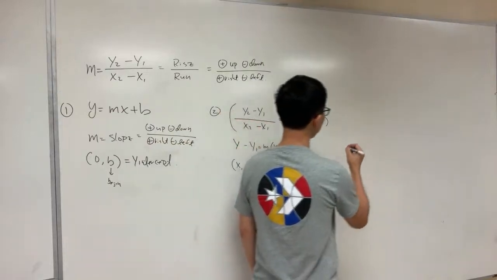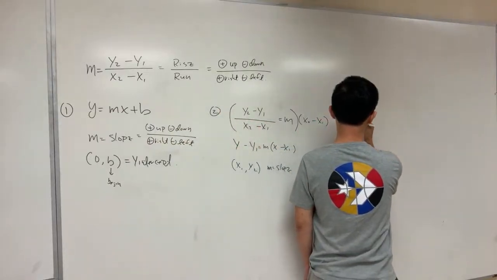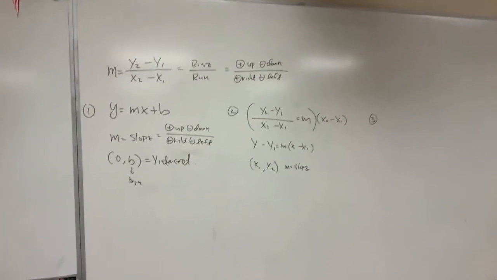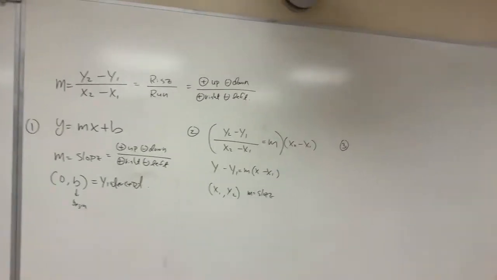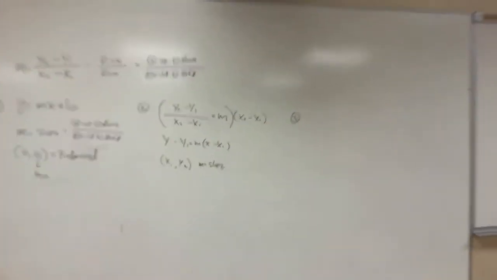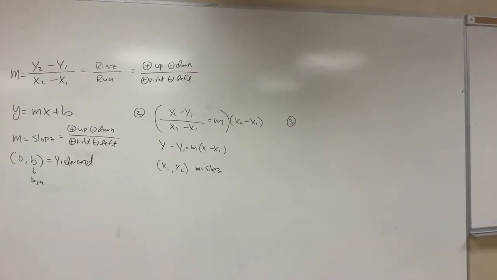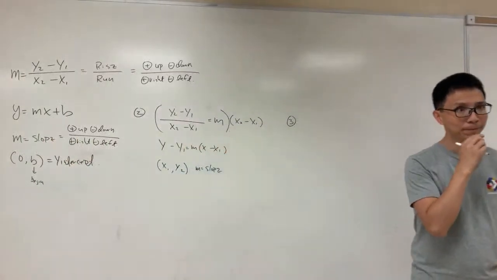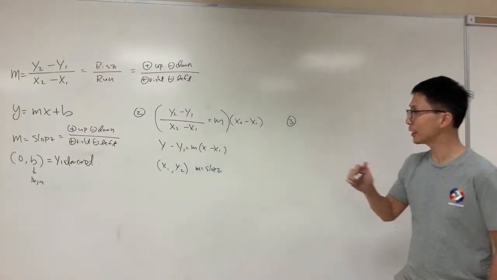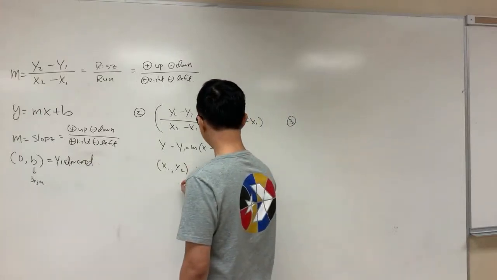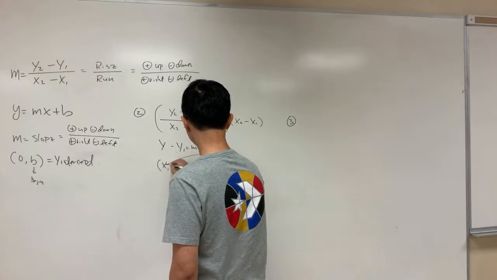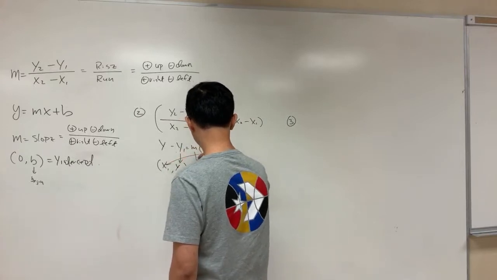What is the third form you see on the line? Can somebody tell me what is the third representation of a line? So this is called point slope form, right? So this one is here, and this one's here, and this one's here.